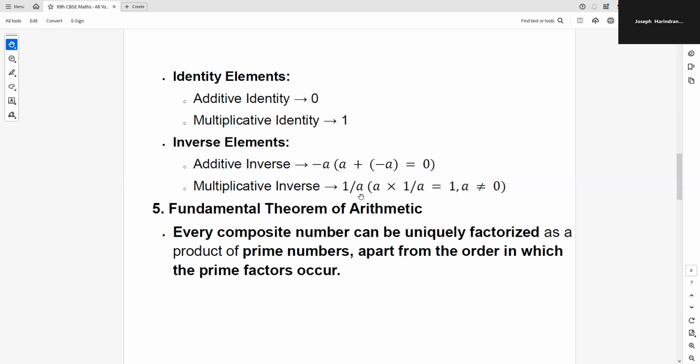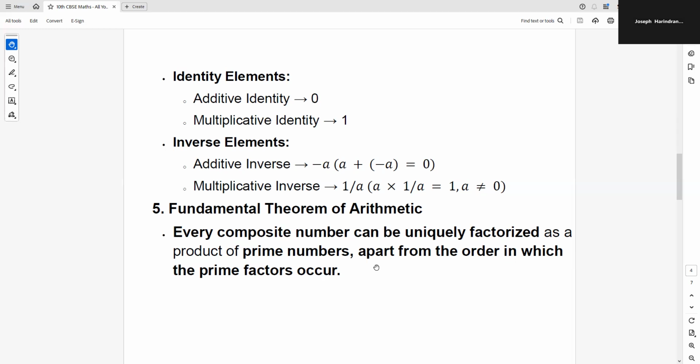Now, coming to the fundamental theorem of arithmetic. Every composite number can be uniquely factorized as a product of prime numbers, apart from the order in which the prime factors occur. Example, 6. 6 is equal to 2 into 3.